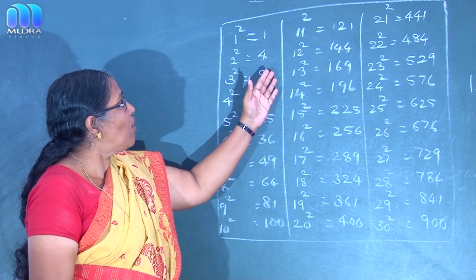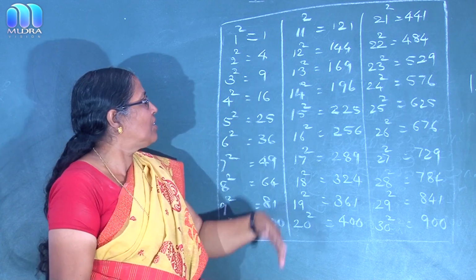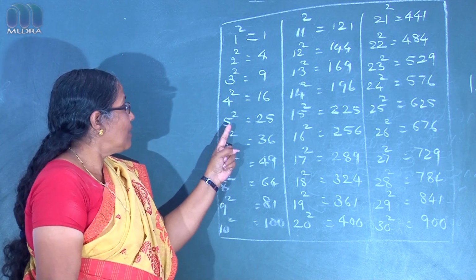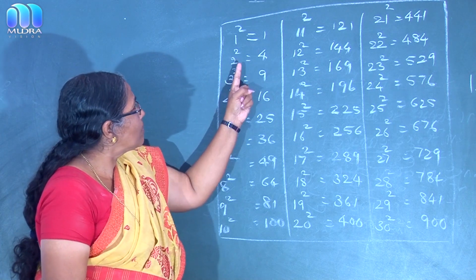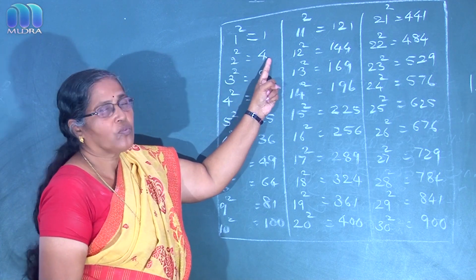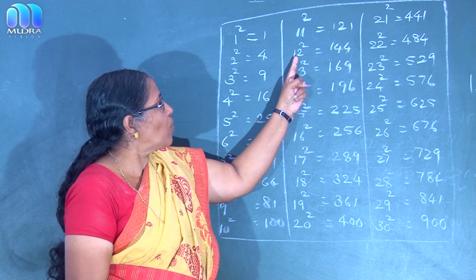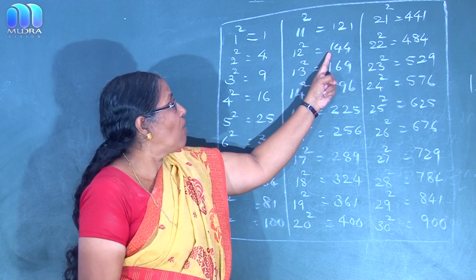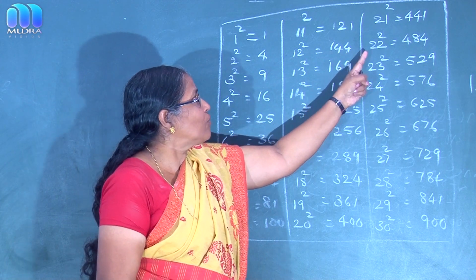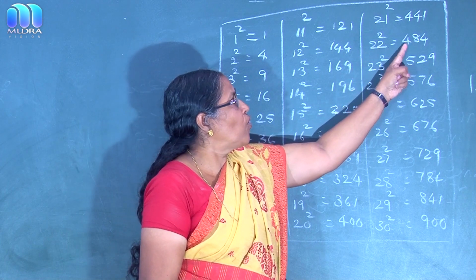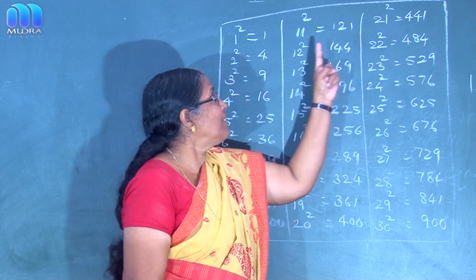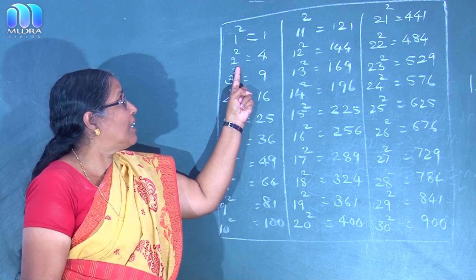Yes, we can find a lot of specialities. Find it. Look here. The square of 2 is 4. The square of 12 is 144. The square of 22 is 484. What is the specialty you can find from here?